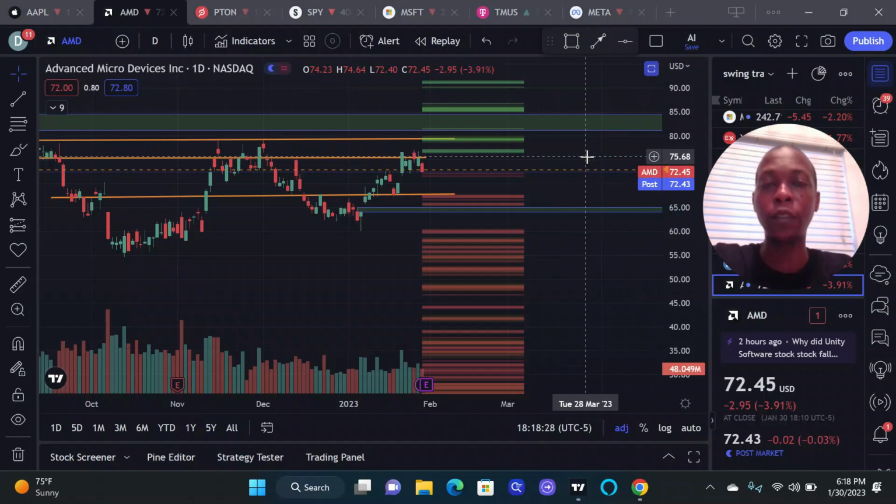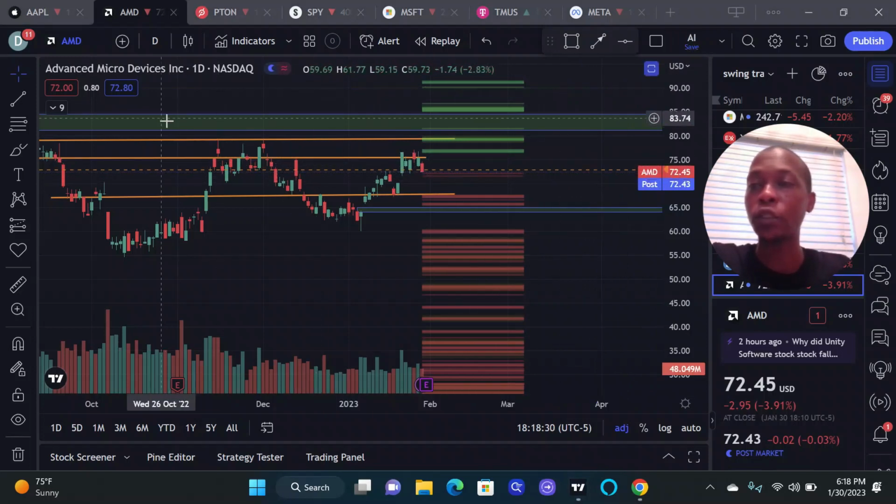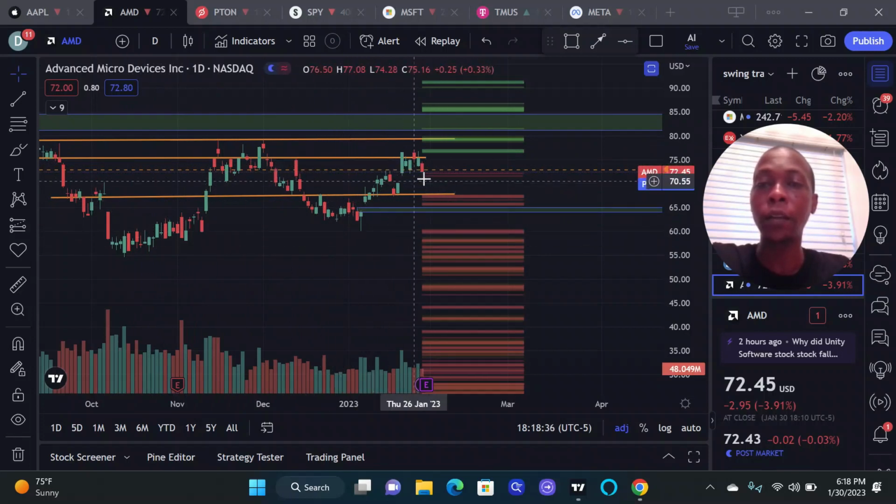Alright, so as you see, we had that gap right there. Now, again, I had this line right here, thinking that if AMD crossed this line, it was going to come back down here, or use this as some possible support or resistance and bounce up here and come get this gap.